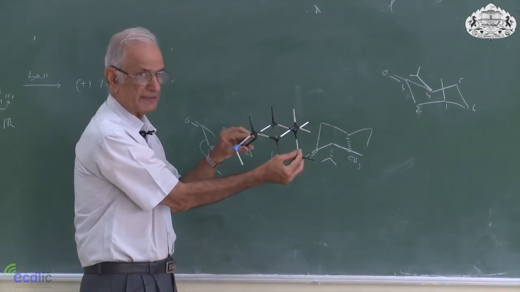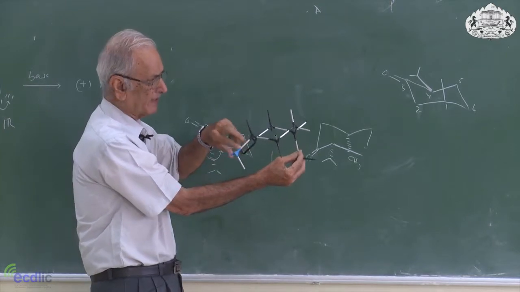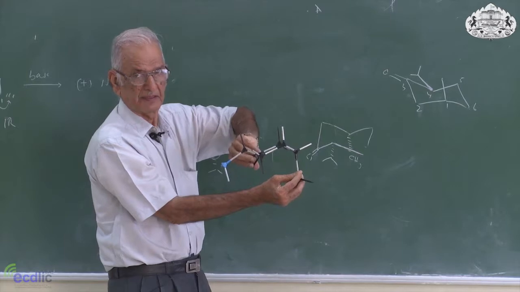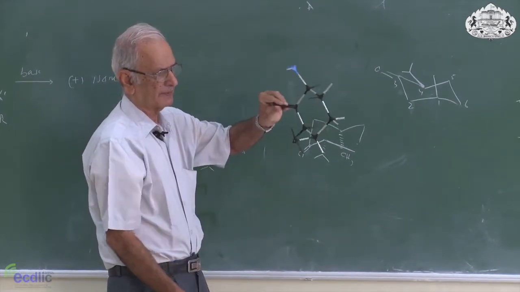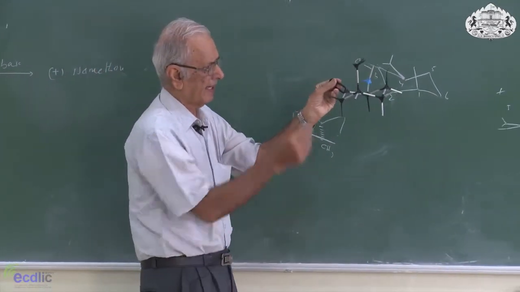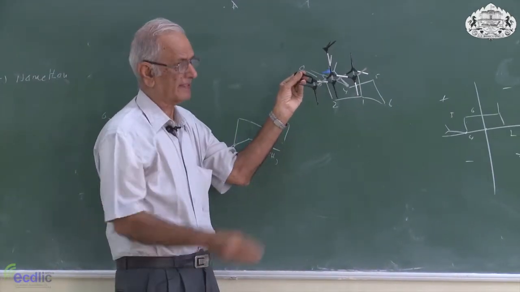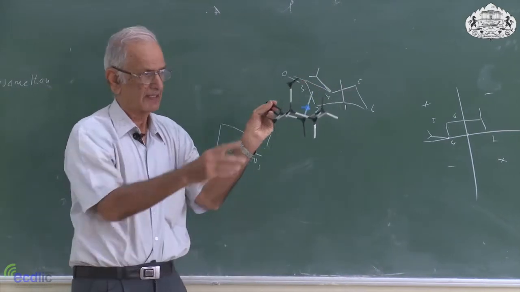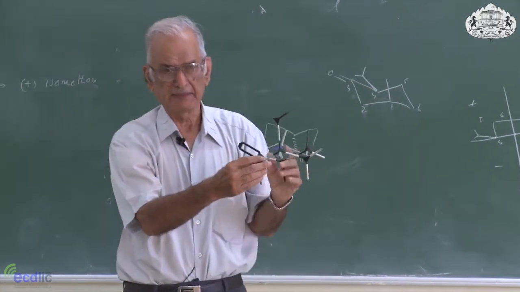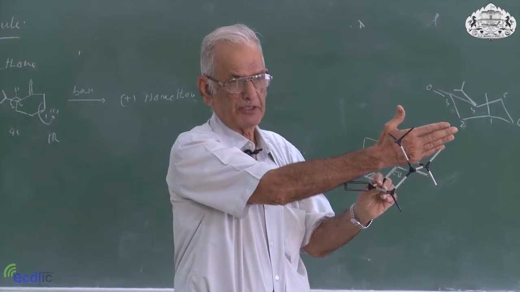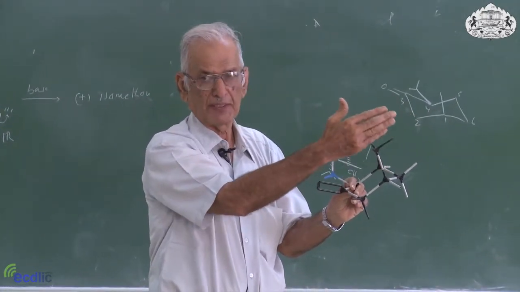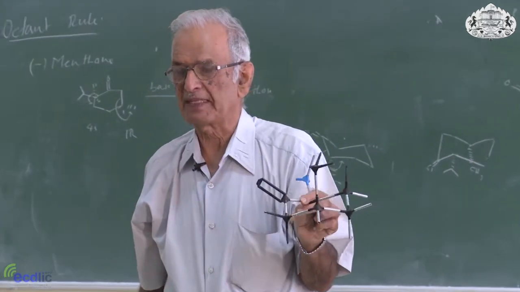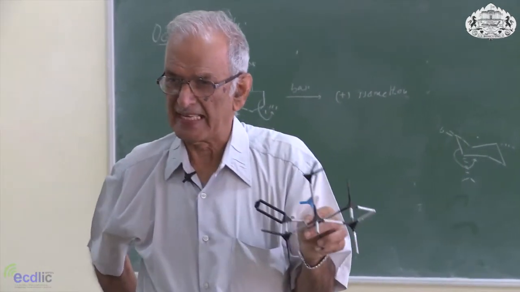Now we do our department's rule of thumb, go from this to that picture. When I do this, what happens? Isopropyl group has gone on the back surface, methyl group has come on the front surface. Now when I apply the octant, that's your octant projection, your methyl group is on the upper right, and therefore it's expected to contribute negative.